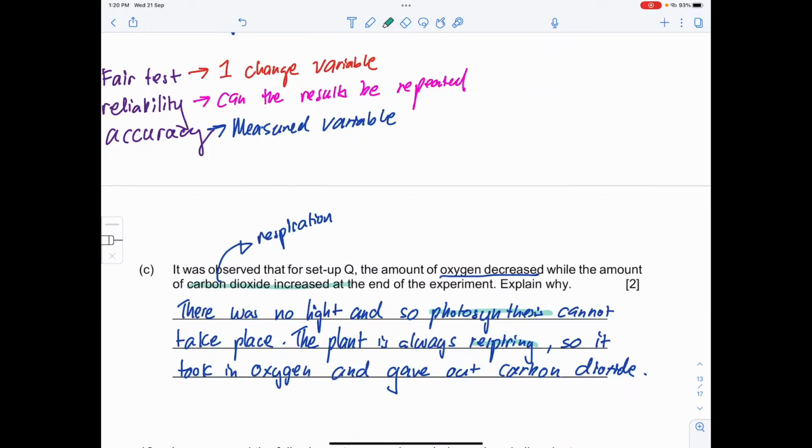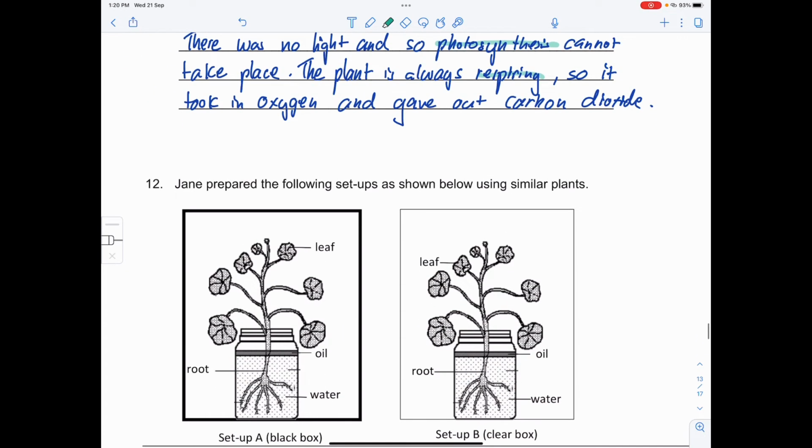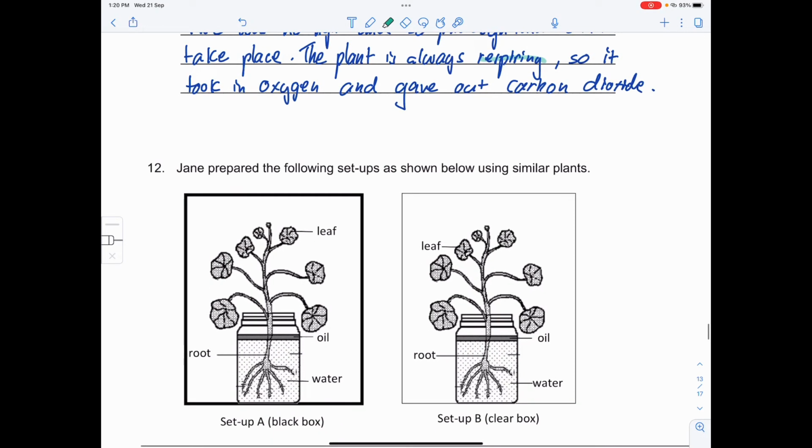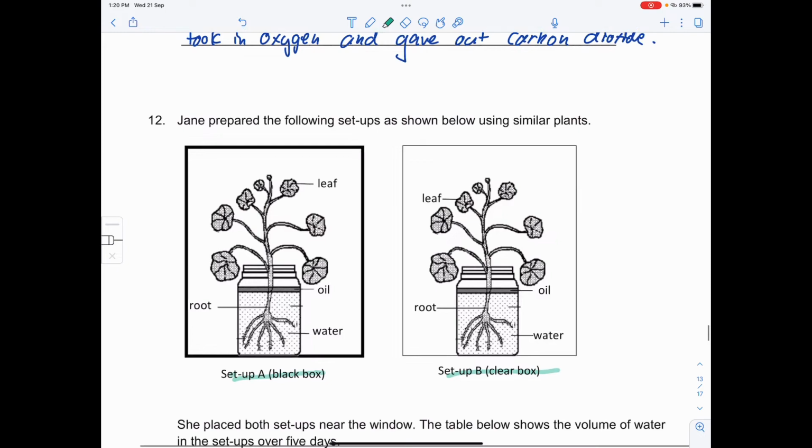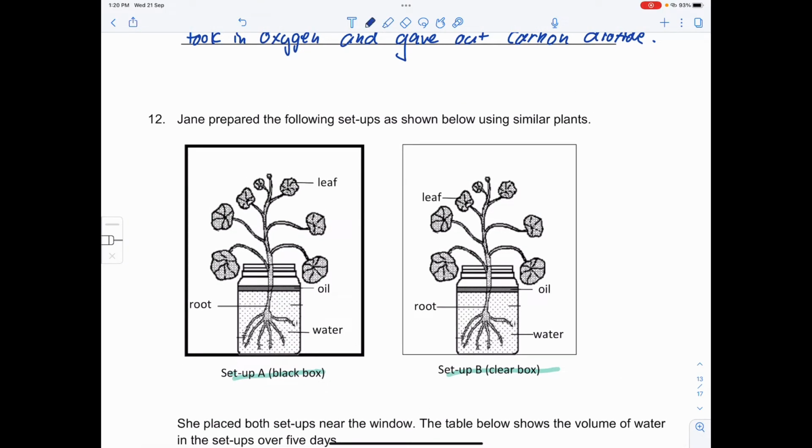Alright? Next. Jane prepared the following setups as shown using similar plants. Okay? So once again, one is a clear box and one is a black box. So what does it translate to? It just simply translates to light and no light, my apologies.